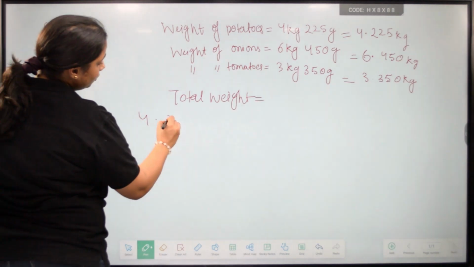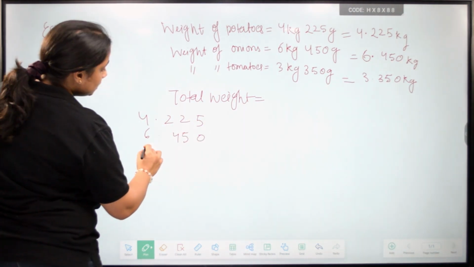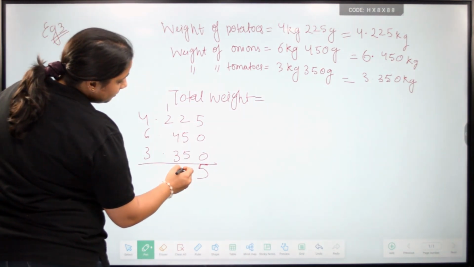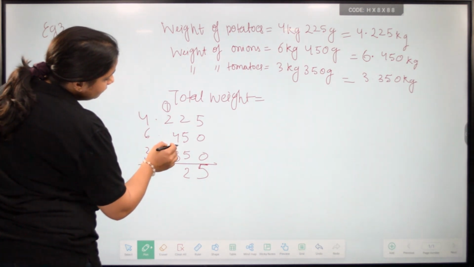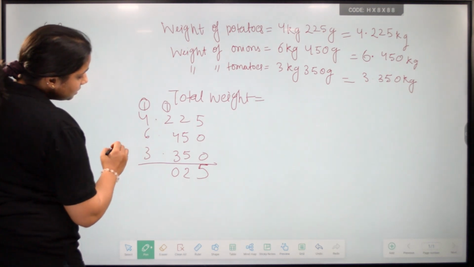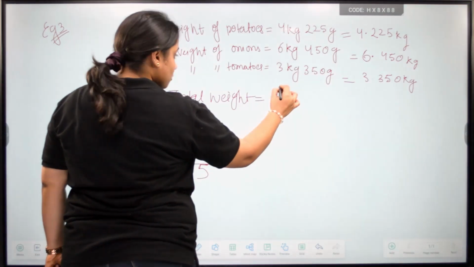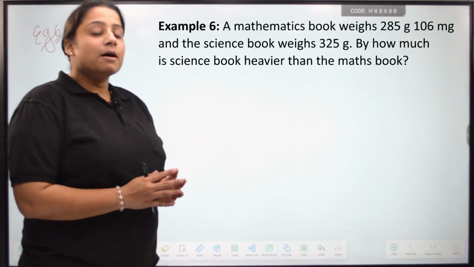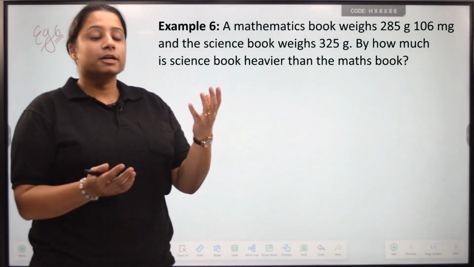It will be 4.225, 6.450, 3.350. 2 plus 5, it will be 12. 1 carry. 3 plus 4 is 7. 7 plus 3 is 10. And 4 plus 1 is 5. 5 plus 6 is 11. 11 plus 3 is 14. So it will be 14.025 kgs.